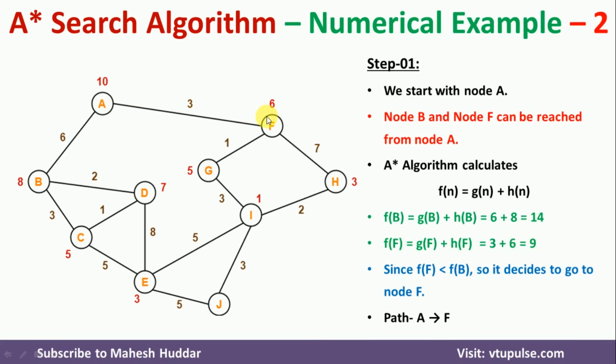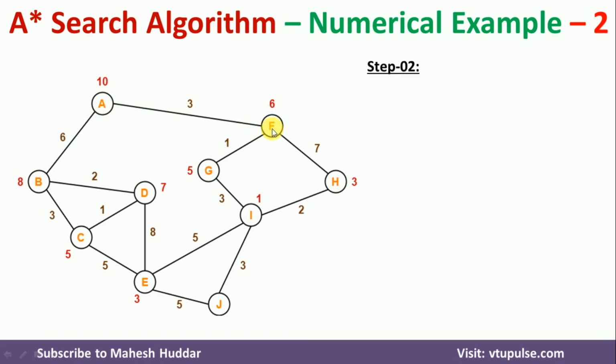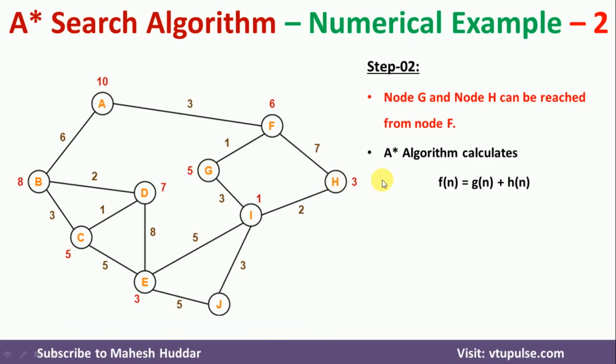Now once we reach F, in step 2 we can reach G and H from F. Now we will find the value of f of G and f of H. F of G is equal to g of G plus h of G. G of G is the distance traveled to reach G from the source node, that is 3 plus 1, and the heuristic value of G is 5, so 3 plus 1 plus 5 is equal to 9.